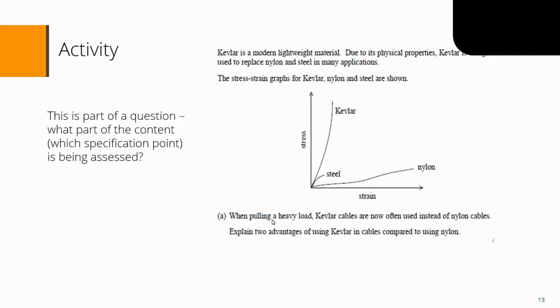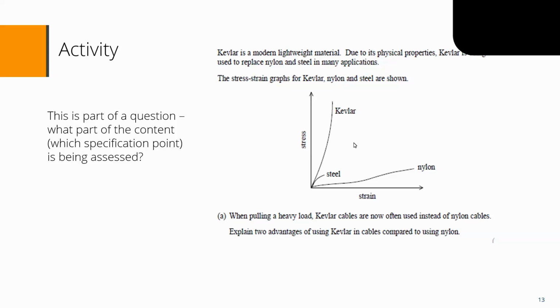You see the question: Kevlar is a modern lightweight material. Due to its physical properties, Kevlar is being used to replace nylon and steel in many applications. The stress-strain graphs for Kevlar, nylon and steel are shown below. And there's the graph. When pulling a heavy load, Kevlar cables are now often used instead of nylon cables. Explain 2 advantages of using Kevlar in cables compared to using nylon.